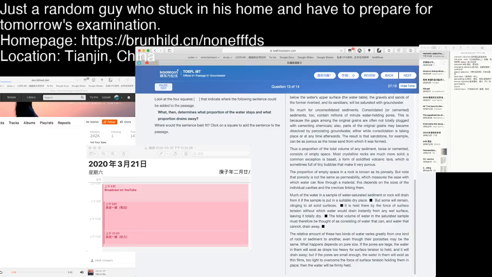Okay, look at the four choices that indicate where it falls. What then determines what proportion of the water stays and what proportion drains away?